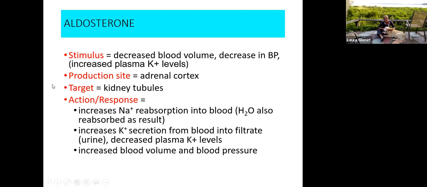And as a reminder too, if we do not properly maintain our blood volume and blood pressure, and we start using too much aldosterone, now we're losing too much potassium. Remember, potassium levels higher or lower than normal affect how cardiac muscle can work.